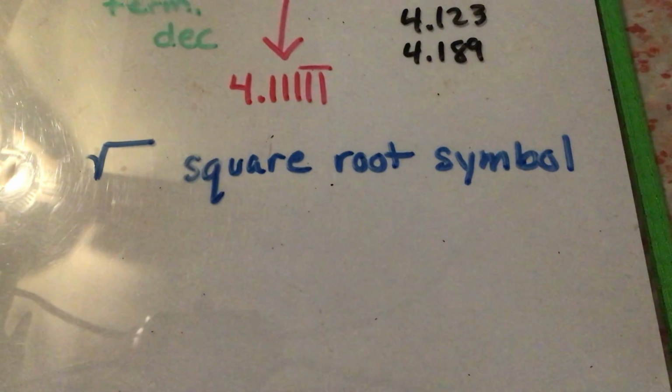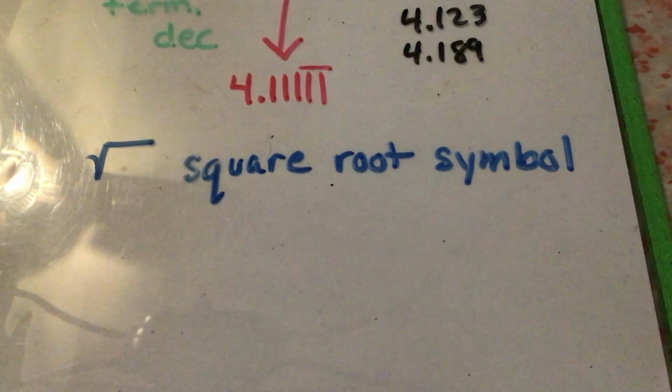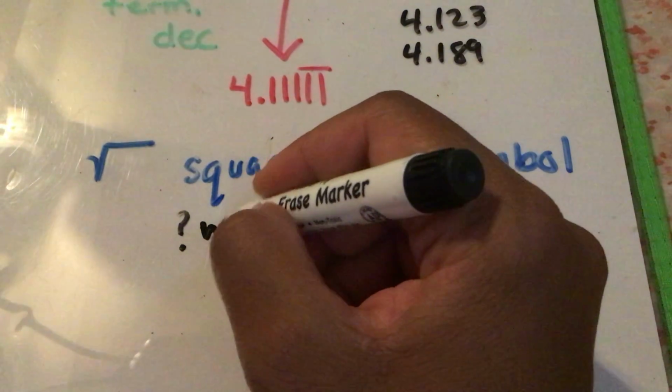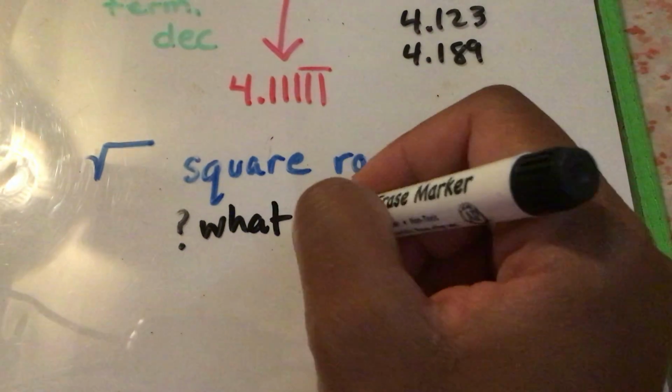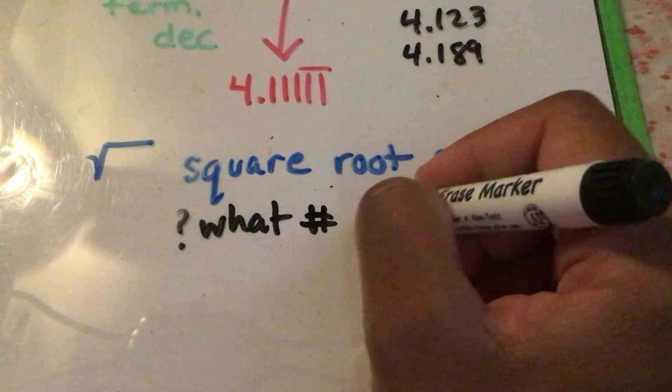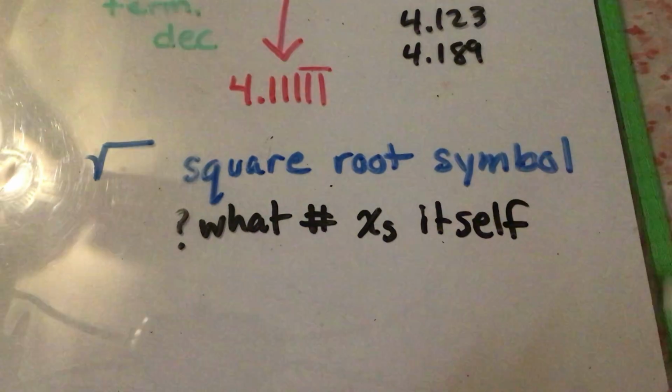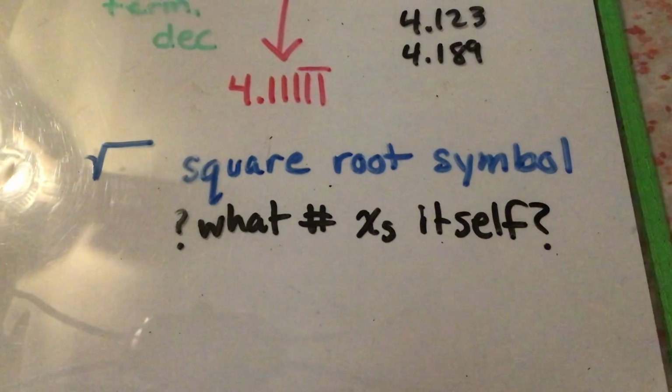And square root does not mean divide by 2. Square root is a question. It means what number times itself? All right, that's the question it's asking.